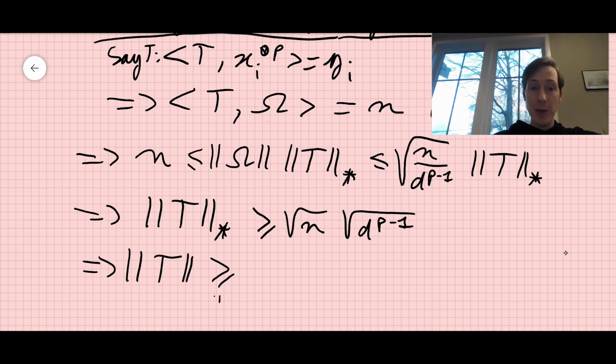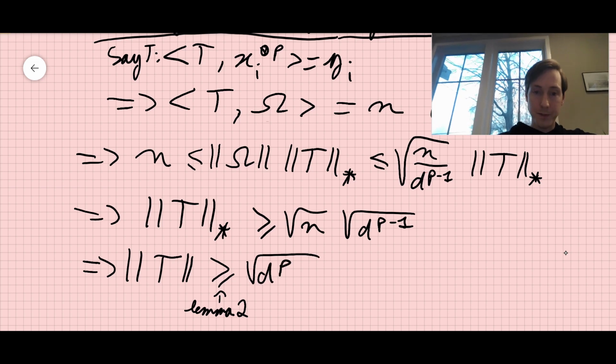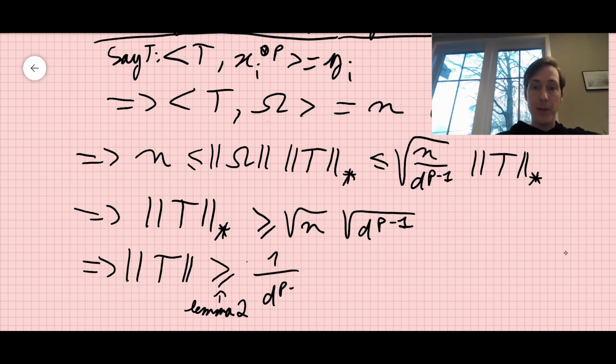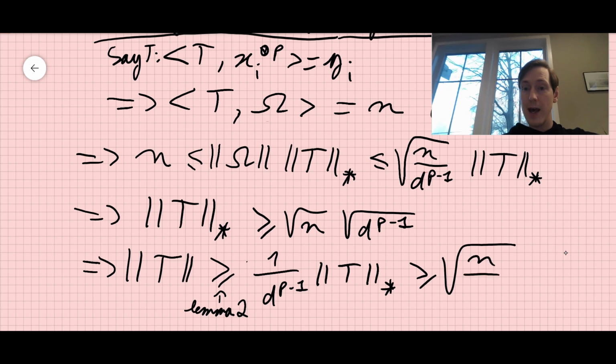But remember lemma 2. Lemma 2 tells us that the smallest cross norm is not too much smaller than the largest cross norm. Namely, it's larger than 1 over d to the p minus 1 times the norm of dual, which is larger than square root n over d to the p minus 1.